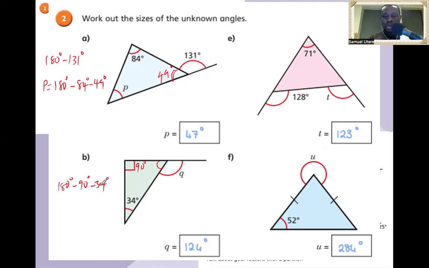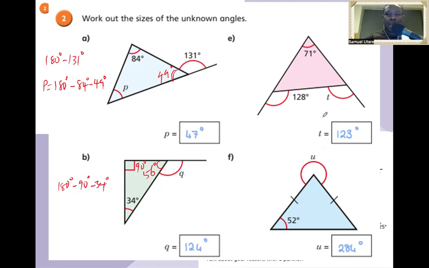Now, if we do that real quick, 180 minus 90 minus 34, that will give us 56 degrees. So this place here is 56 degrees. Now you can see that we have these adjacent angles on this straight line. So if we do 180 degrees minus 56, that gives us 124 degrees.